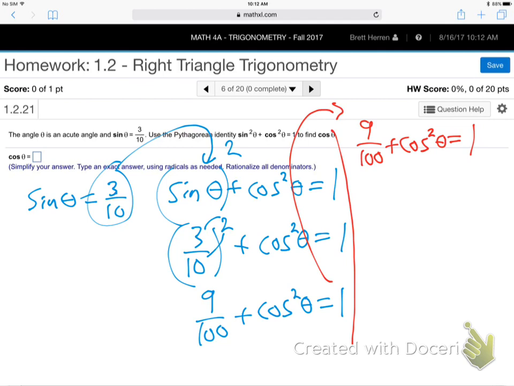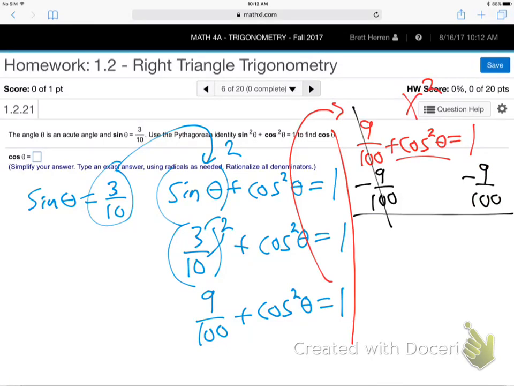How do we solve there for cosine? What should I do next? Kind of like solving for an x. Just pretend that whole cosine squared is like x squared, you know? What would I do next to solve for x? Subtract the 9 over 100 fraction thing? Yeah, exactly. So just subtract the 9 over 100.